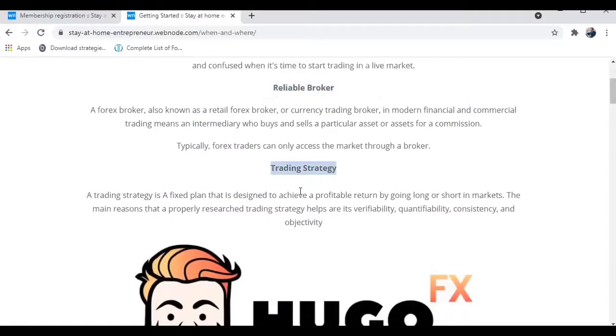A trading strategy is simply a method that you use to find buying and selling opportunities. There are many different trading strategies out there. You just need to find the ones that you understand. There are free strategies that you can scour the internet to find, try to implement them and test them.